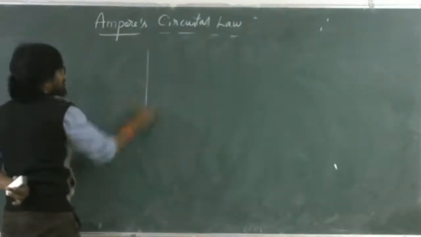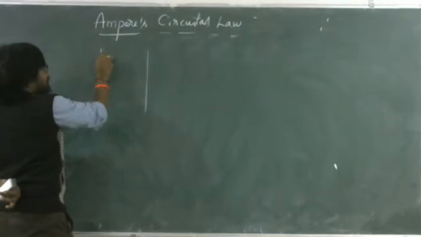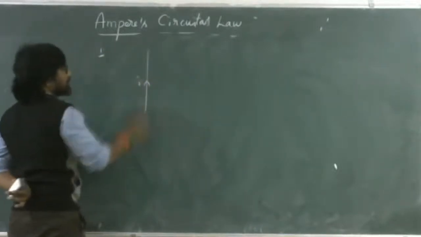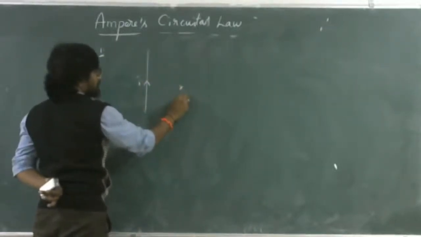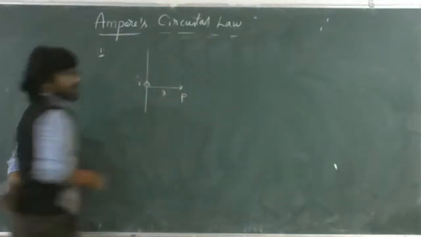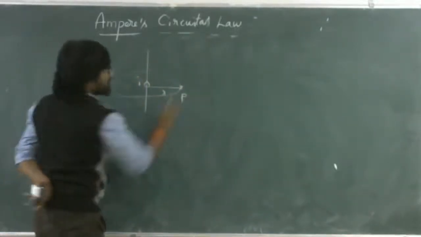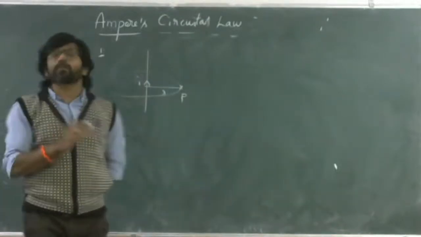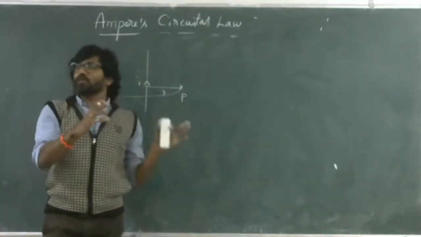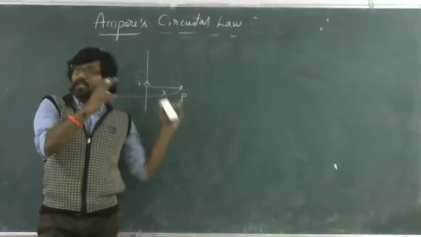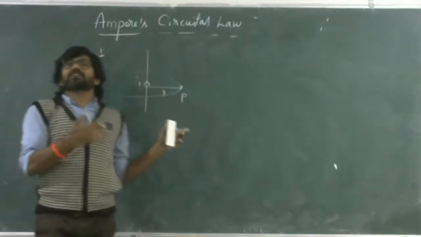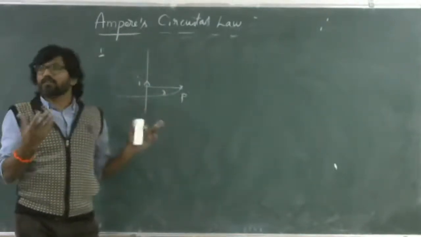If you have a straight wire having current I and you want to find the magnetic field at a point P at a distance R, you have to consider a closed loop. It is a two-dimensional loop. It is analogous to Gauss law in electrostatics. To find electric field due to a continuous charge distribution, we use Gauss law.